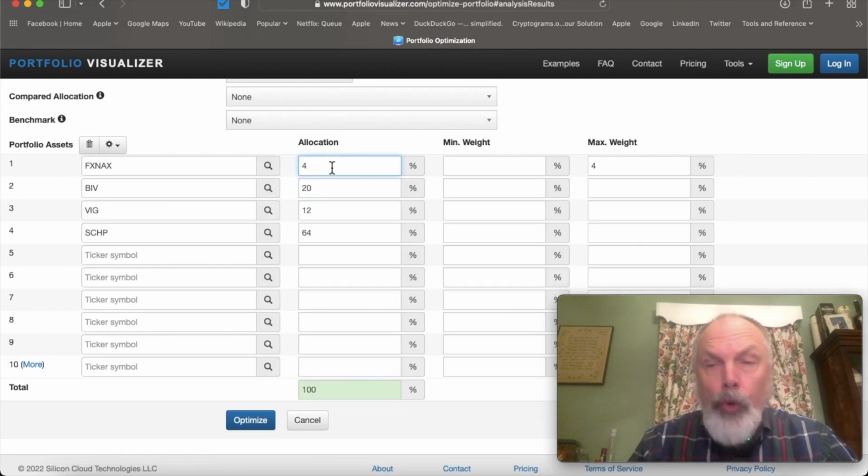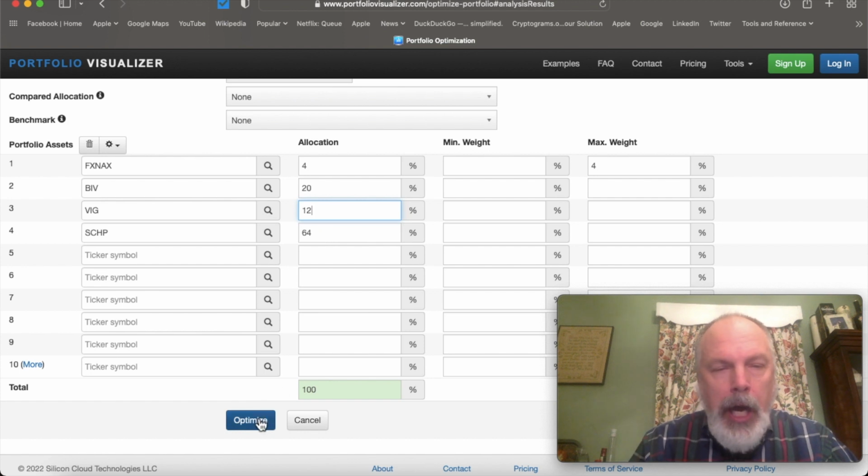So I'm entering the 4% that's in my wife's IRA, and then I'm going to say that we're going ahead with getting rid of Wellesley income and replacing it with the BIV and VIG ETFs. And then the balance, I'm just going to lump into one TIPS ETF, shown here, the SCHP.